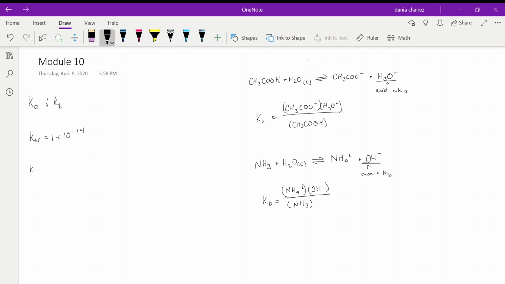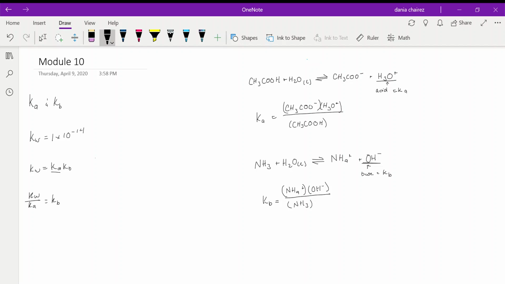Well, your Ka times Kb gives you your Kw. So if ever you're given a Ka for something that's basic, you would just do Kw divided by Ka to give you Kb.